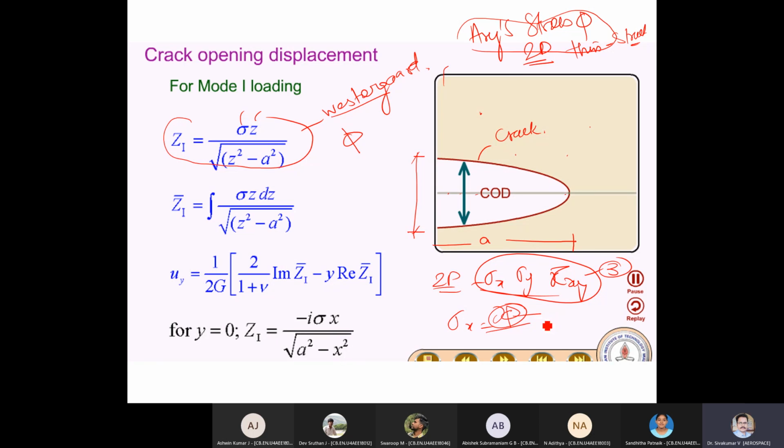Even if you did not, no problem. We will spend some time on the Airy stress function when we come to it. At that level, you can keep the knowledge for now. Is it okay? Fine?